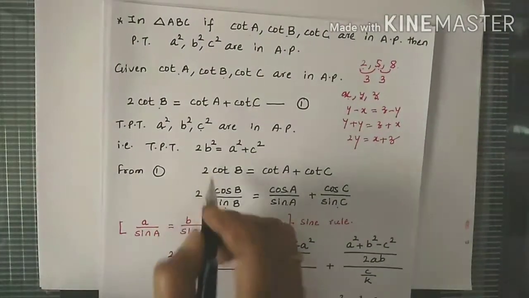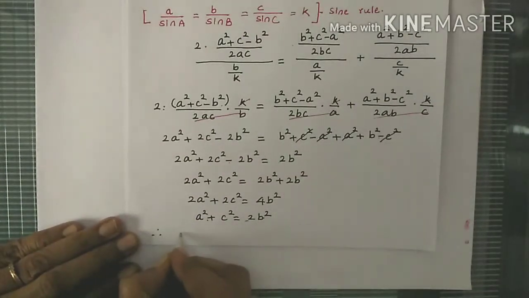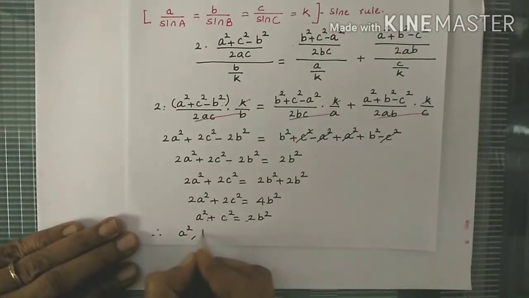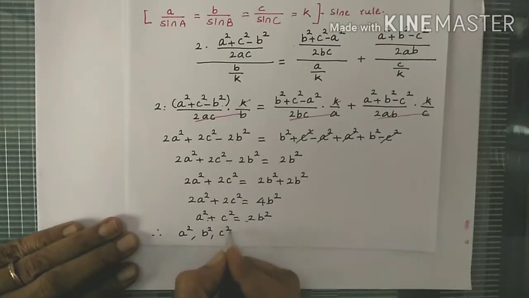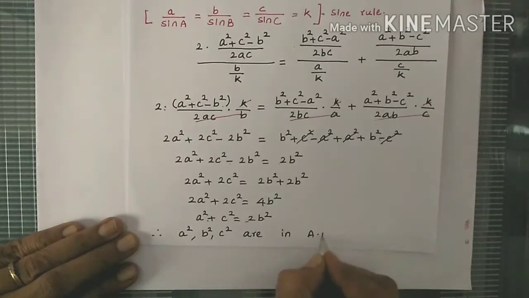And this is the equation that we have to prove: 2b² equal to a² plus c². Therefore our conclusion is that the terms a², b², c² are in arithmetic progression.